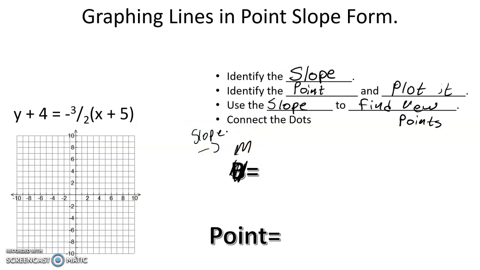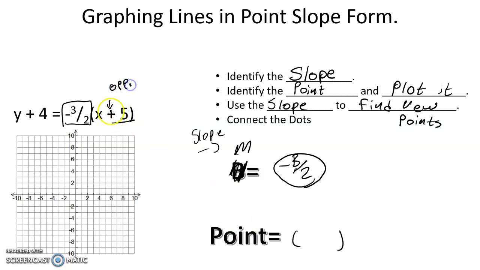So again, using point slope form, I should know that this number right in front here is my slope. So I'm going to use -3/2 for that. And then for my point, we have to do a little bit of deconstruction. In x plus 5, when I'm thinking of point slope form and going to the point, it's going to be the opposite of the symbol here.